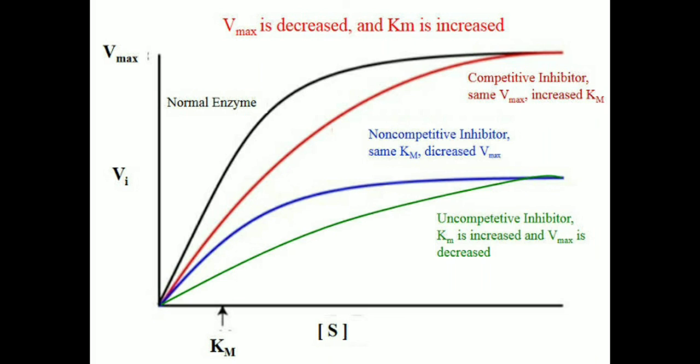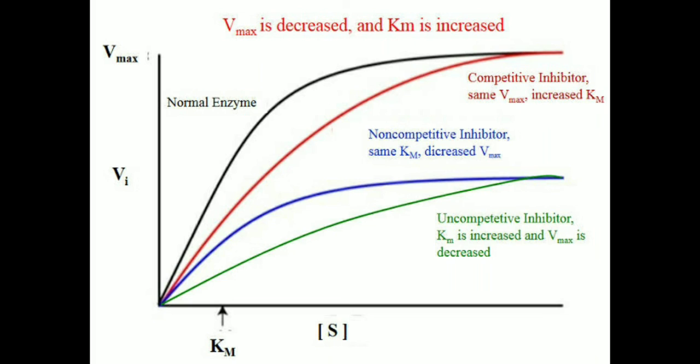In non-competitive inhibition, the inhibitor binds to a place other than the active site. In this case, Km does not change, but Vmax changes. Vmax is lowered because the maximum velocity cannot be achieved due to blockade of some enzyme by the inhibitor. But in uncompetitive inhibition, Km is increased, but Vmax is decreased.